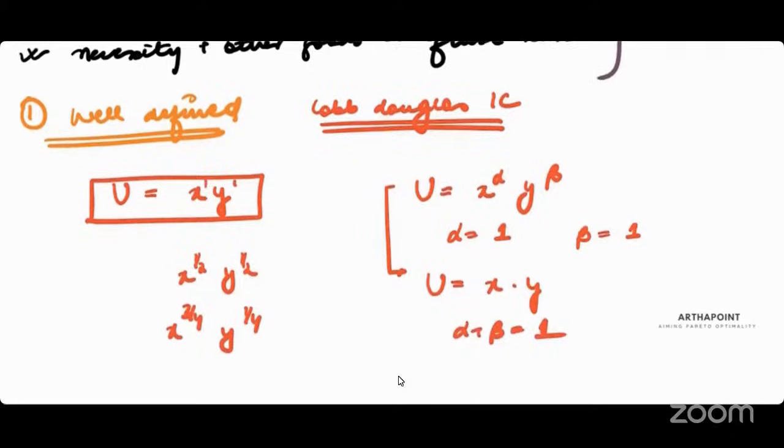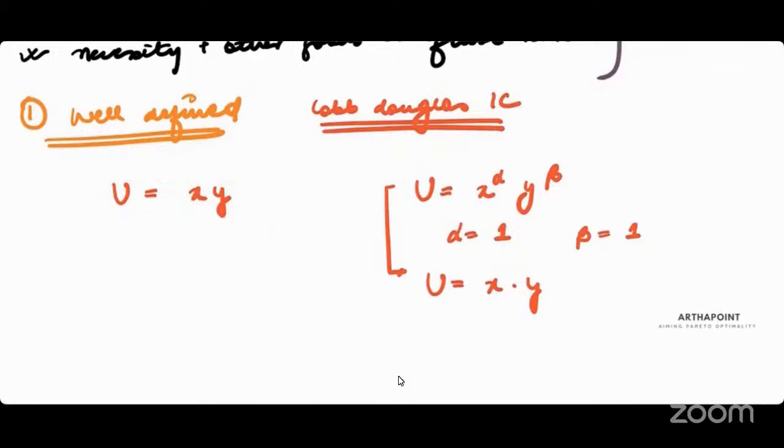For example, it can be less than 1. I can have X to the power half, Y to the power 1 by 4. All those cases are possible, but the methodology remains the same. What we do remains the same. But for now, for simplest calculation, I am just going to take my utility function as XY.